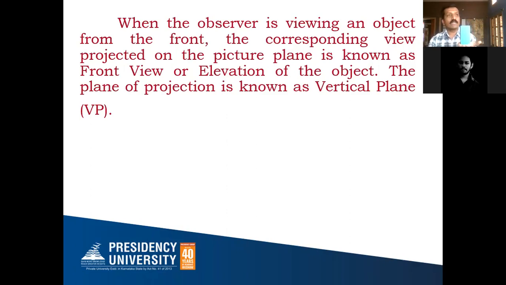Civil engineers call this front view the elevation. That is the difference. Front view is very simple to understand: you are looking at the object from the front side of it, and the corresponding view you project on the plane of projection is called the front view, or the elevation.